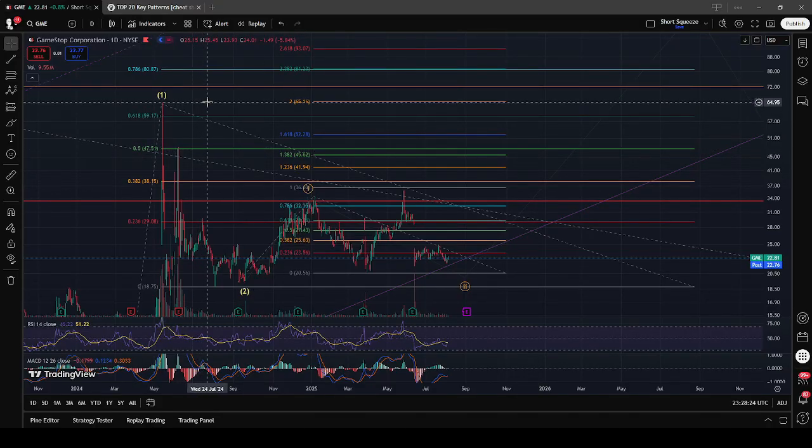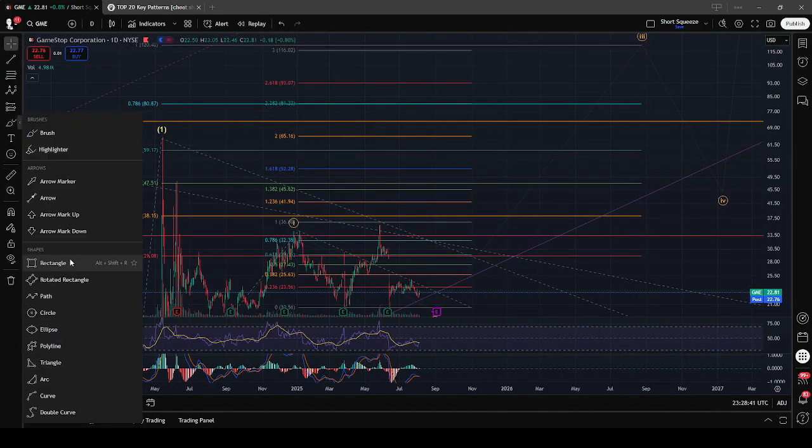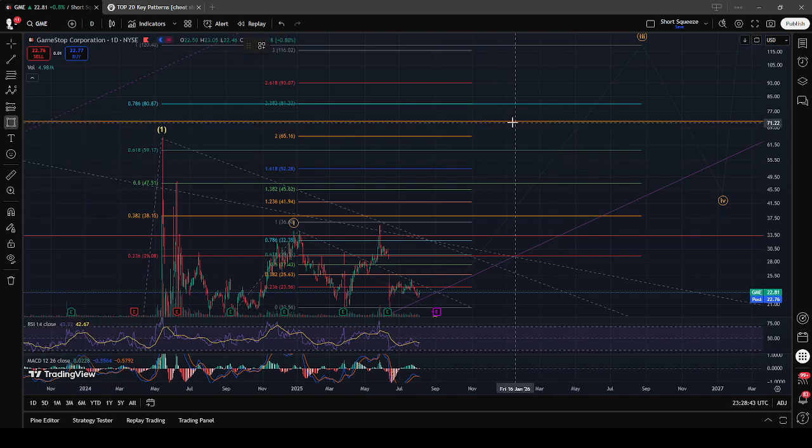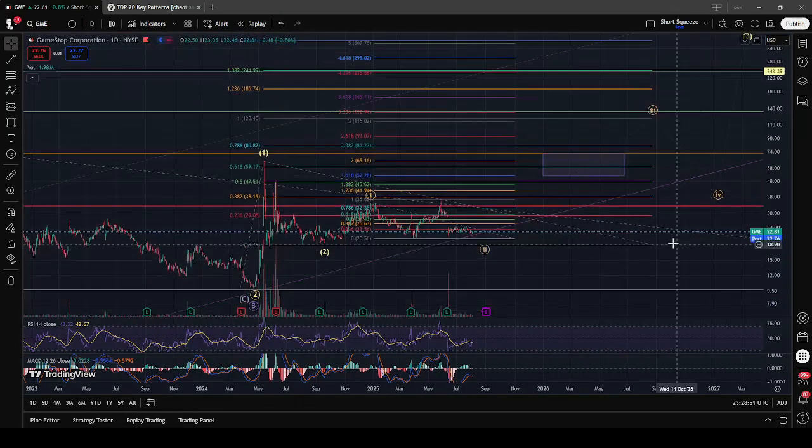That is what I'm looking towards in the smaller frame, a 1, 2, 3, 4, 5. That'd be a 1, 2, and then 3 somewhere like here, before it does a 4 and then a 5, which would complete the third wave move.